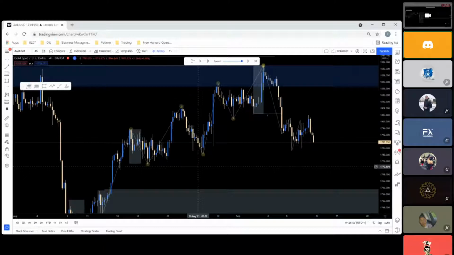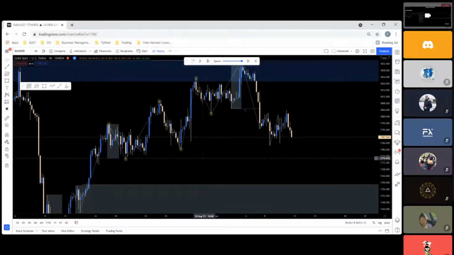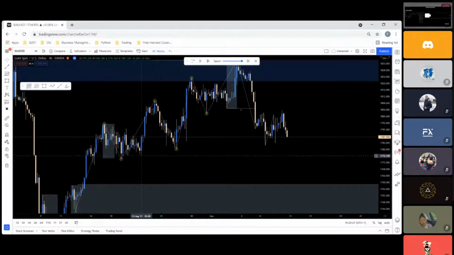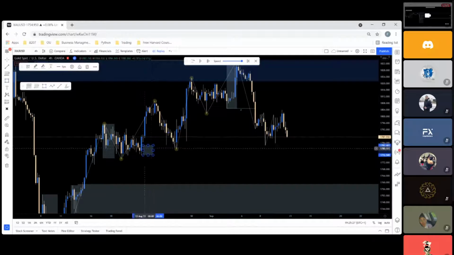So I'll get into that a bit more in a minute. If not, gold very much likes to go to the origin, like the extreme bottom or top. So for me, I'll be looking at this here.